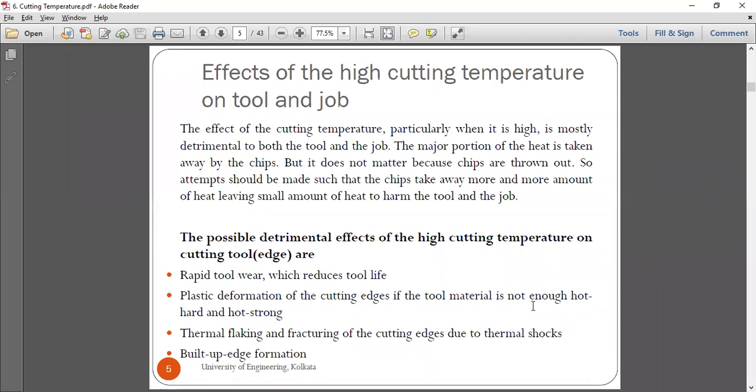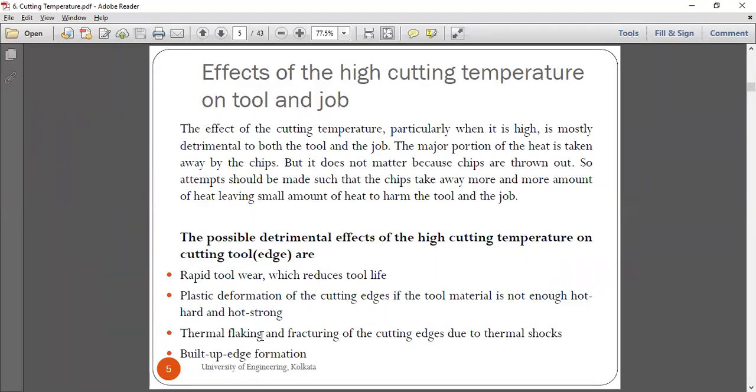In the forging process, we heat the material and then apply some force to deform it, so a material has a tendency of getting deformed at a higher temperature. If the tool is hot hard, that means at a higher temperature it maintains its hardness, it does not get deformed, or we can say it does not allow anything to penetrate it. And it is also hot strong. Then there is thermal flaking and fracturing of the cutting edges due to thermal shocks.